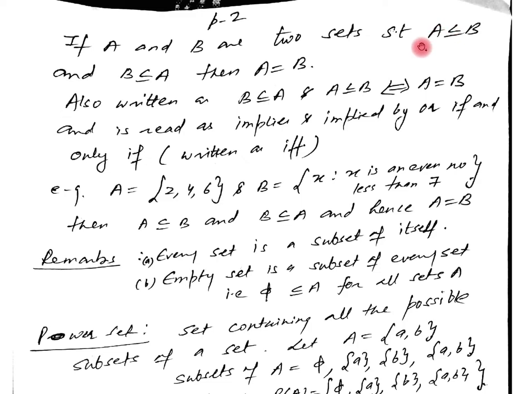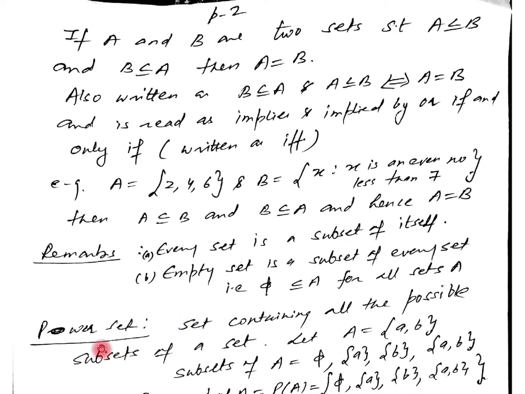It means the subset may be equal to the set also. So we are using this notation for the subset. It means every set is a subset of itself and the empty set is a subset of every set. These two points you have to keep in your mind. Number one, every set is a subset of itself. Second, the empty set is a subset of every set.